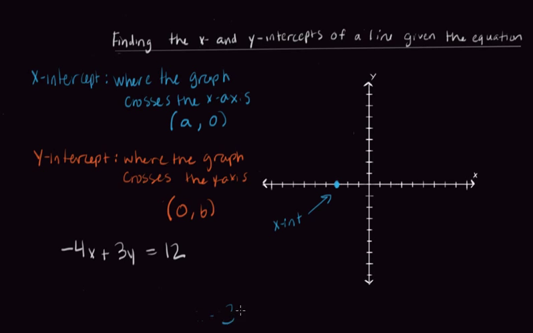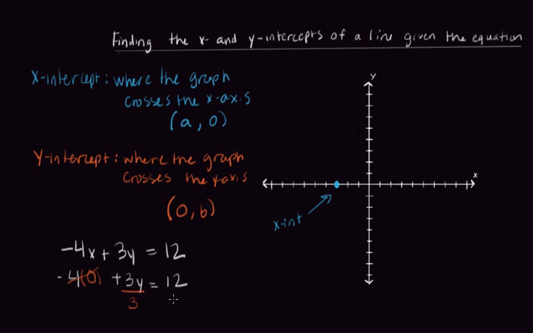So here we go. All right, so if you plug in 0 for x, then you get negative 4 times 0 plus 3 times y equals 12. This is just 0, so we just get 3y equals 12.